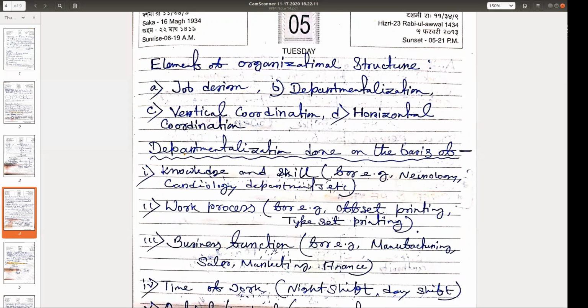So organizing is a whole process, and regarding authority, we have not discussed it in detail yet.